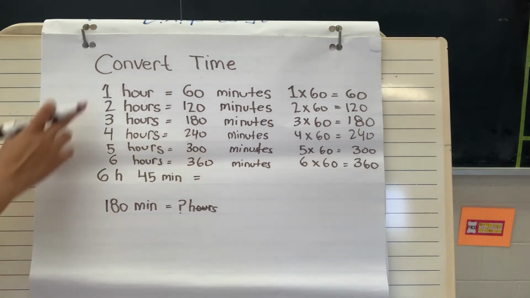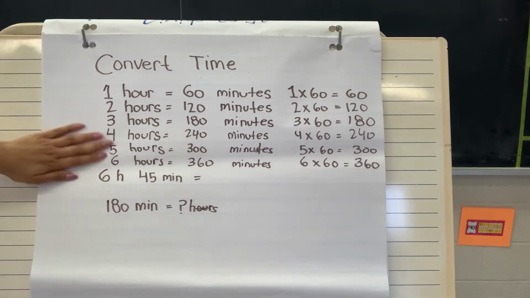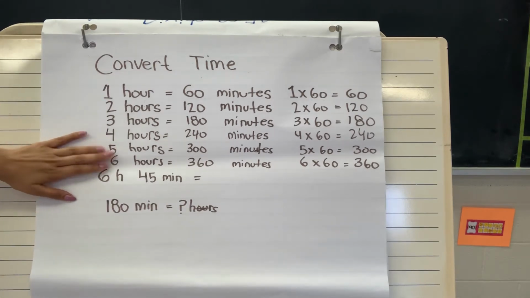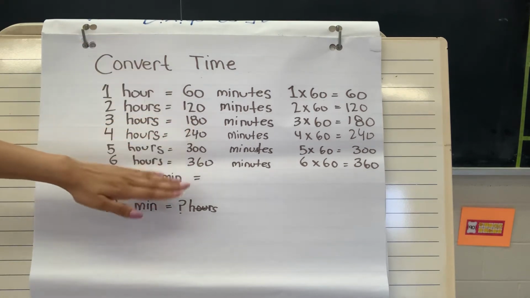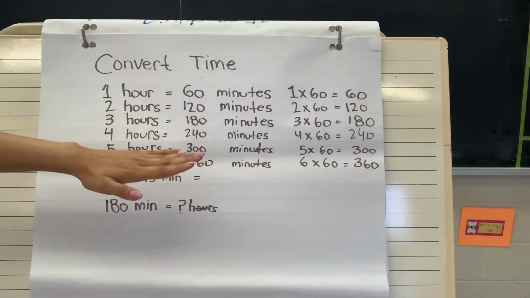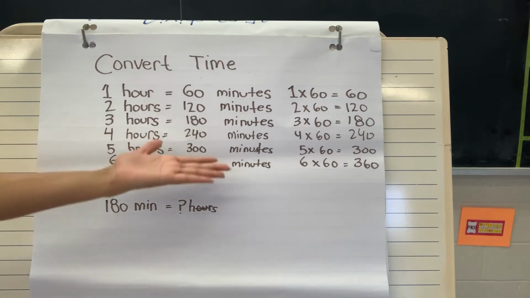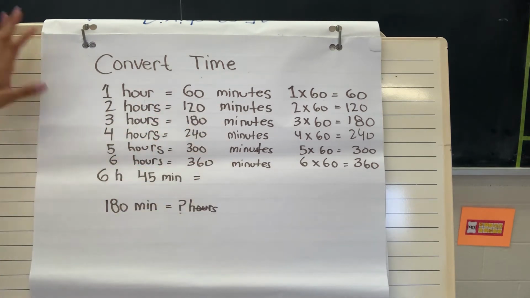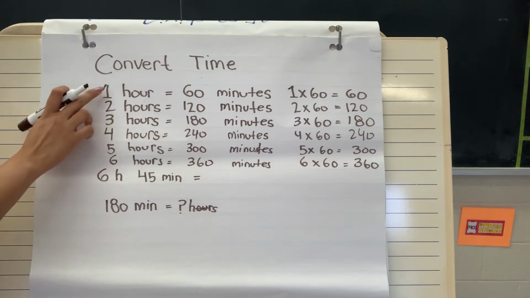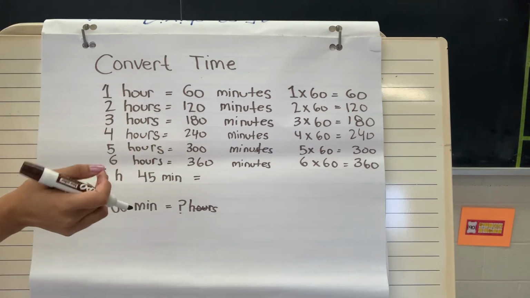If you follow your chart along, this one would go all the way to 10 hours, and 10 hours equal 600 minutes, which is 10 times 60 gives us 600. As I'm saying this, grade 3, I do want you to follow along, because it's important that we know.